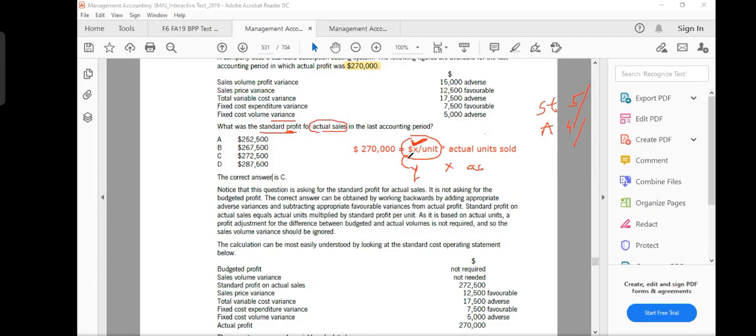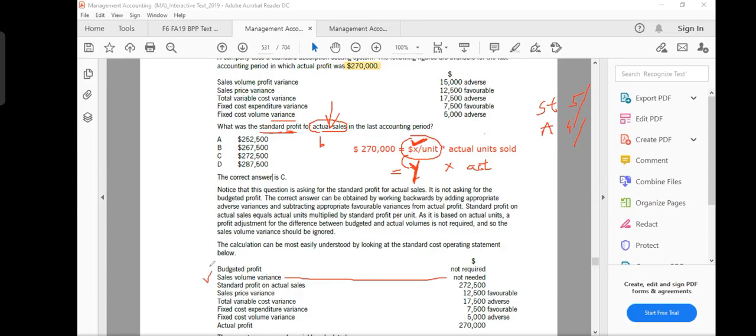So now I need to make my equation. I will calculate the profit per unit again, which is my standard, how much it should have been based on the actual units. That's why we said sales volume variance is not needed, because the question says based on actual sales. If the question says calculate standard profit on budgeted sales, then I would need sales volume variance.